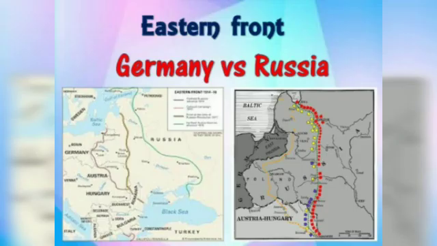Eastern Front. The Russians advanced through the Eastern Front, Prussia and Galicia. The Germans stopped them after the battles of the Masurian Lakes and Tannenberg.